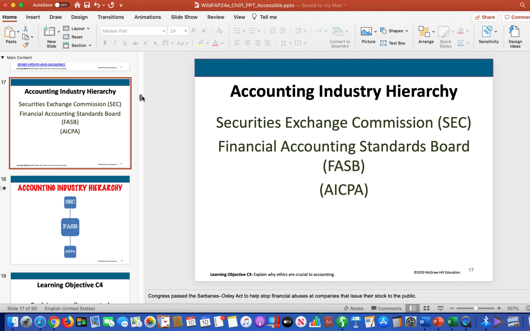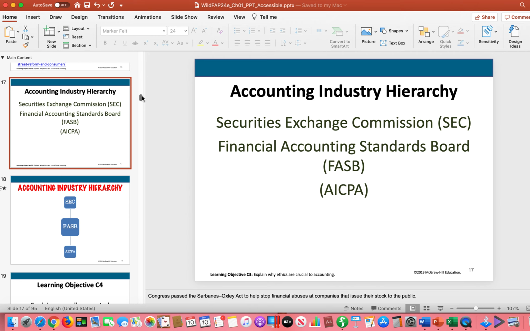But it also is responsible for overseeing the accounting industry. But what the SEC has done is pass on much of that responsibility, not the final authority, but much of the responsibility to what is called the Financial Accounting Standards Board, called the FASB.